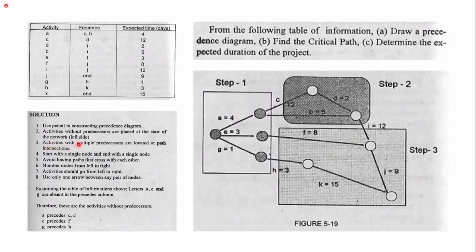Then, activities with multiple predecessors are located at path intersections. So next, A precedes C and B, so after A we have C and B. Then C precedes D, so after C we have D. Then D precedes I, so after D we have I. And B precedes I also.